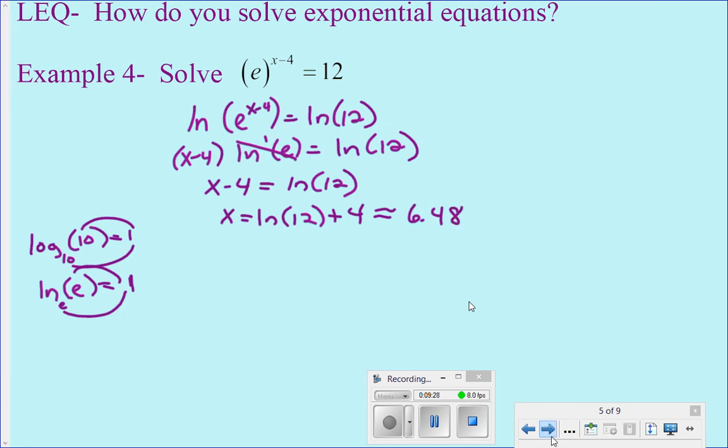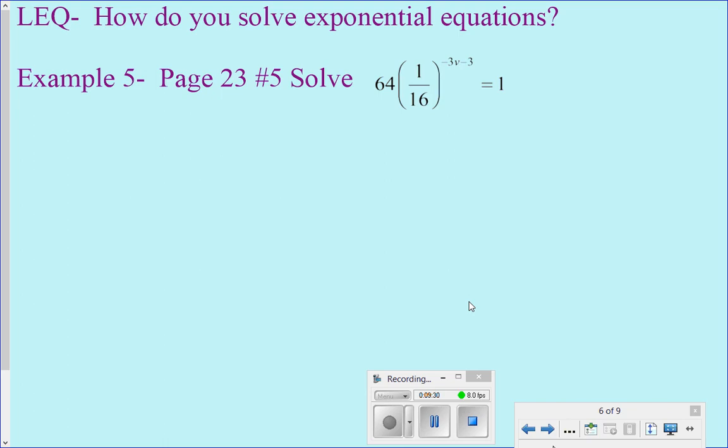Okay, so let's try one more. This is in your packet on page 23. It's problem number 5. So the first thing I should do is get rid of that 64. So I'm going to divide. And then hopefully you're noticing after I've done that, 16 and 64 share a base. You can either use 4 or 2.